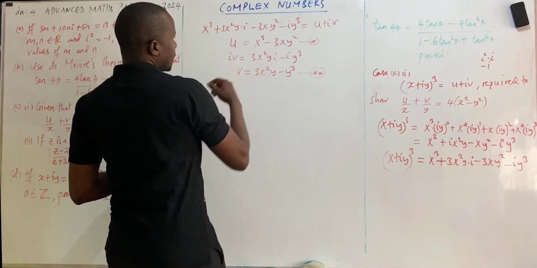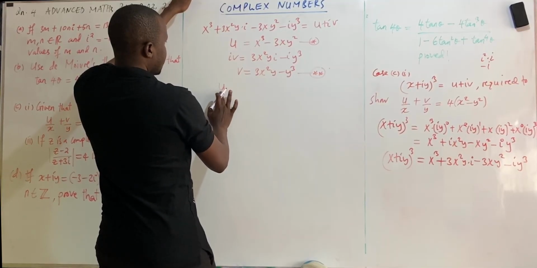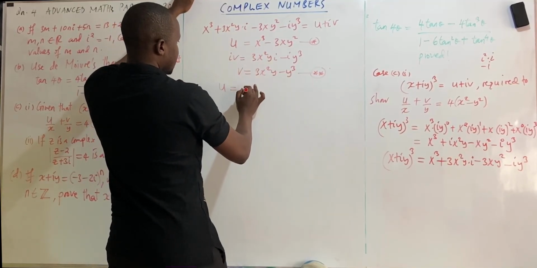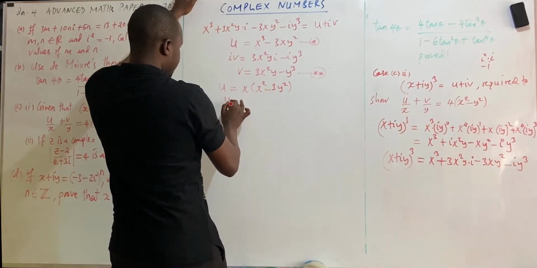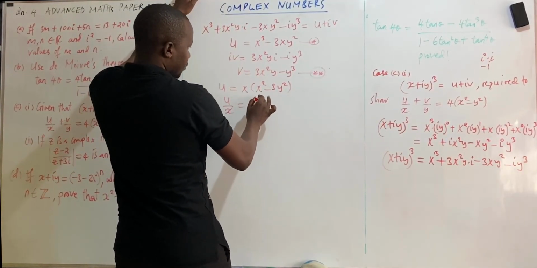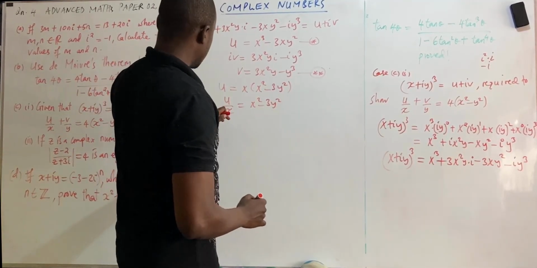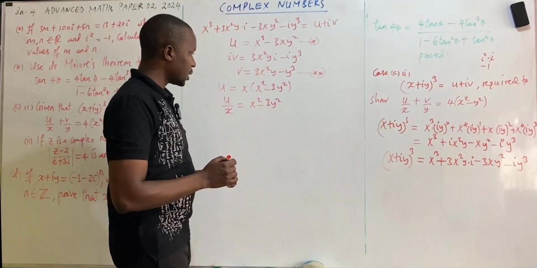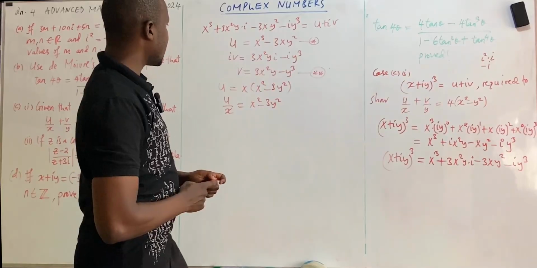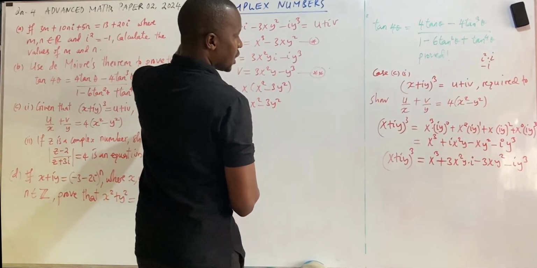So in star 1, if we want to develop u over x, it means here we can factor out x and remain with x squared minus 3y squared. So u over x is equal to x squared minus 3y squared. Now we move to star 2 to see the possibility of making v over y.